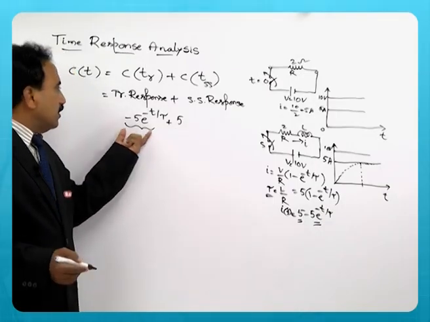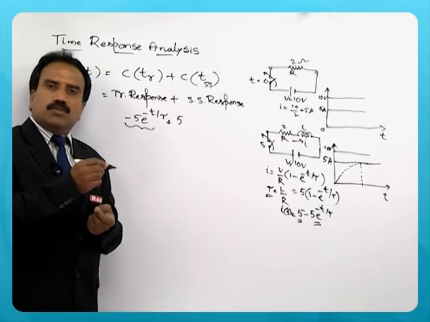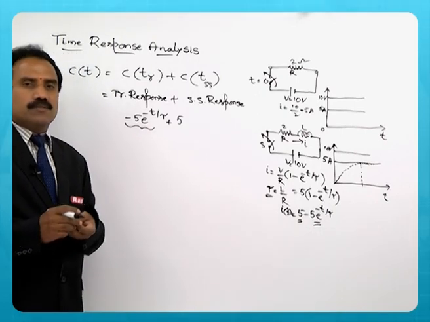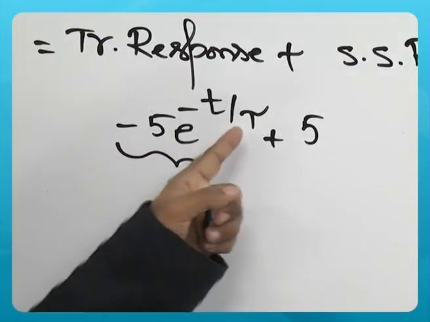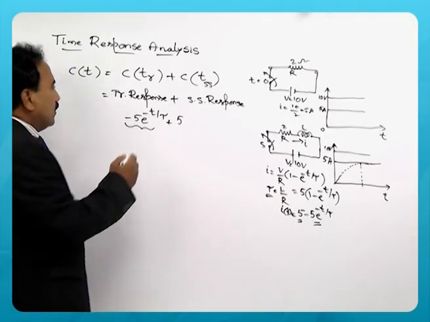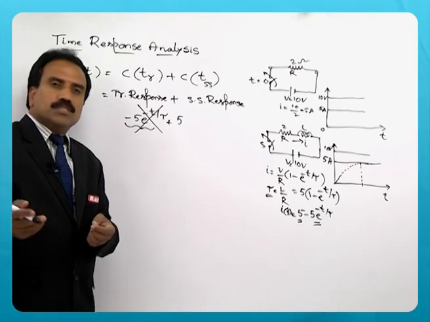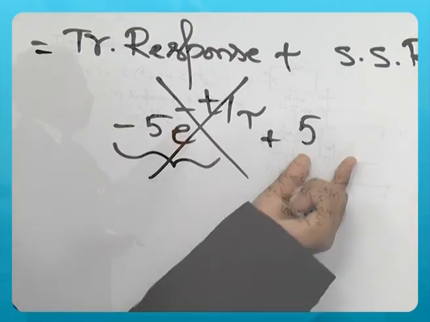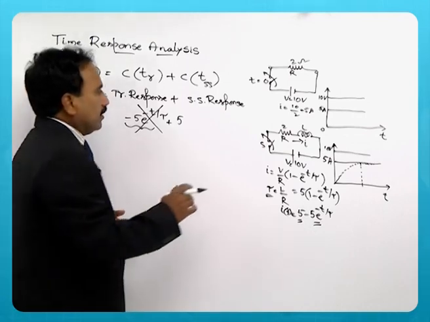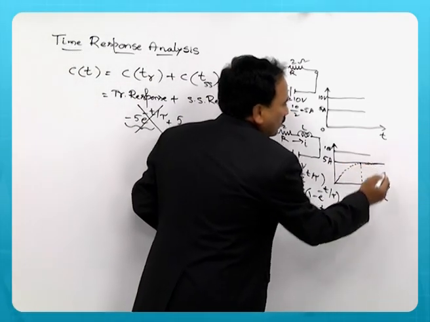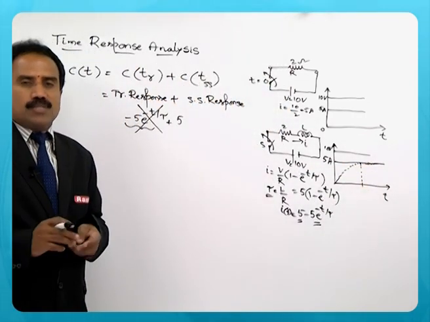Remember, the transient response is going to vanish very fast or very slowly, depending on the time constant. So, this is not there as time approaches infinity, and this 5 will remain, which is the steady state current, called the steady state response.